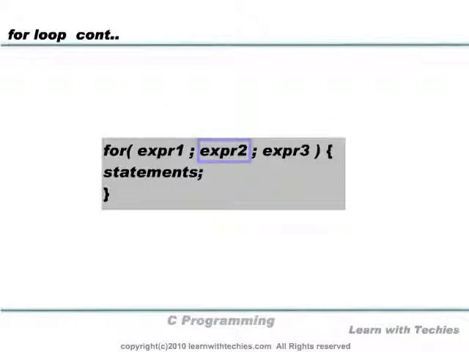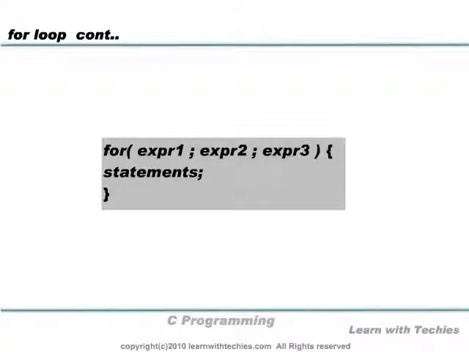If expression 2 is true, only then the body of the for loop will be entered, else the for loop is exited. If expression 2 is true, then the statements within the body of the for loop are executed. After the execution of the for loop body, the control goes to expression 3.